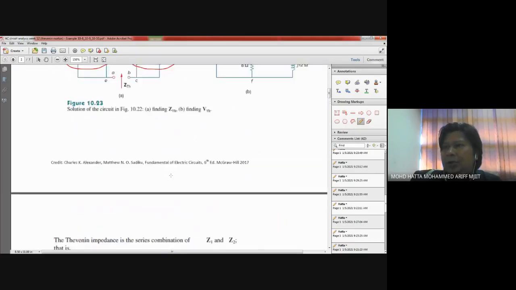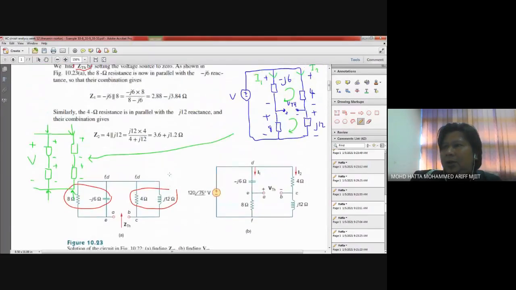Why? Because from the value of current I1 and I2, we can simply calculate the voltage across here and also the voltage across here. Using I1, we can calculate the voltage drop across negative J6, and using I1 as well, we can calculate the voltage drop across this 8 ohm resistor.